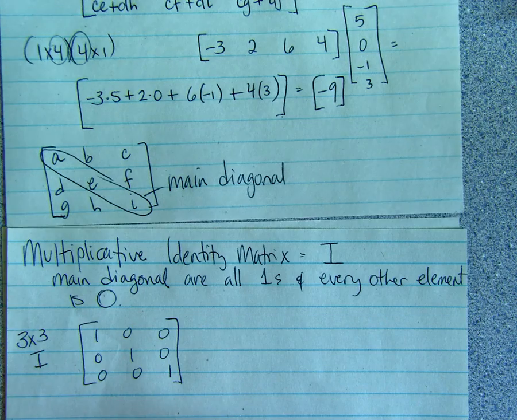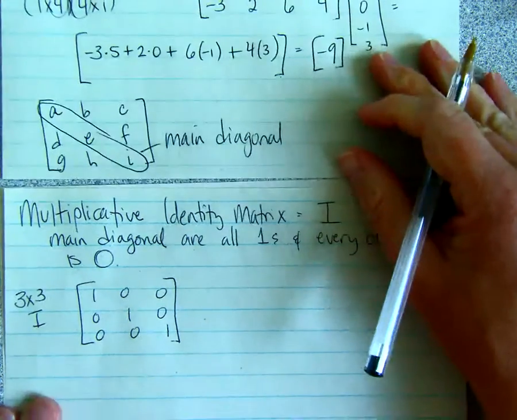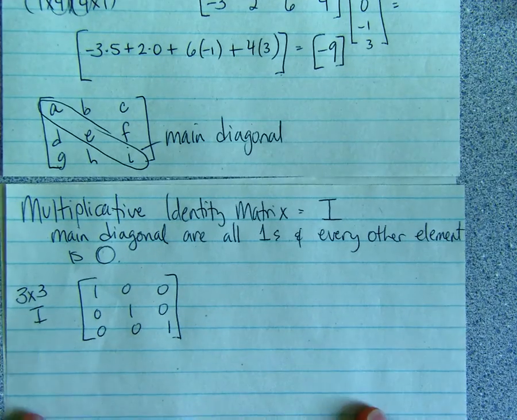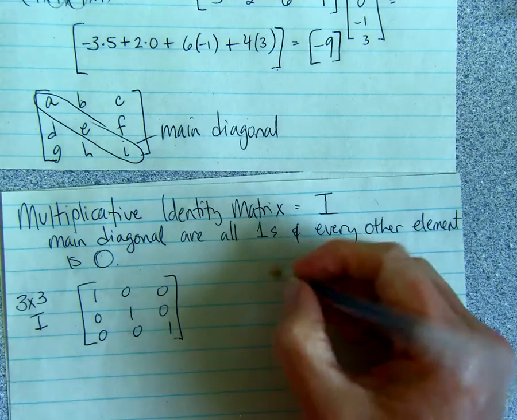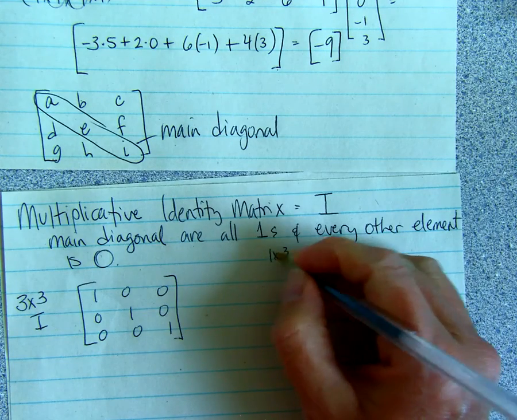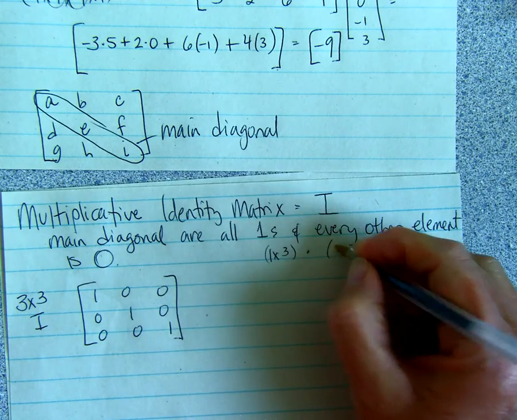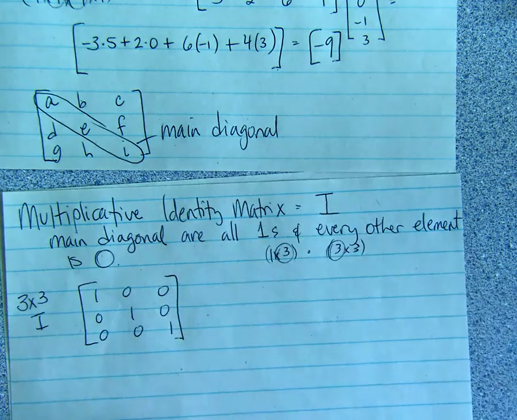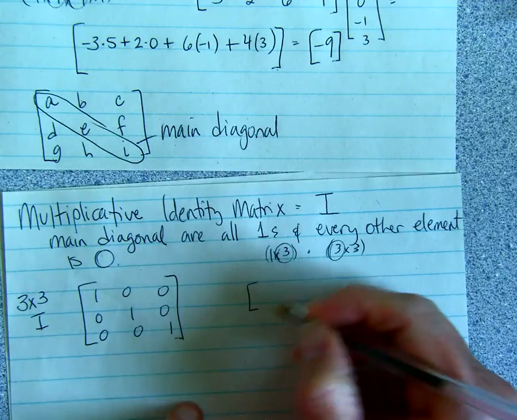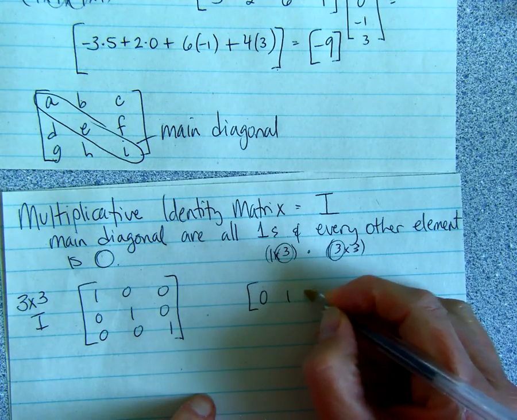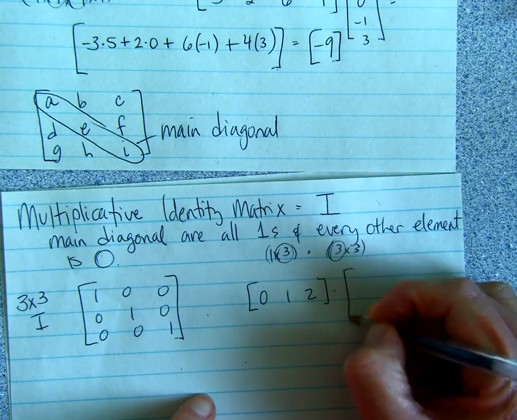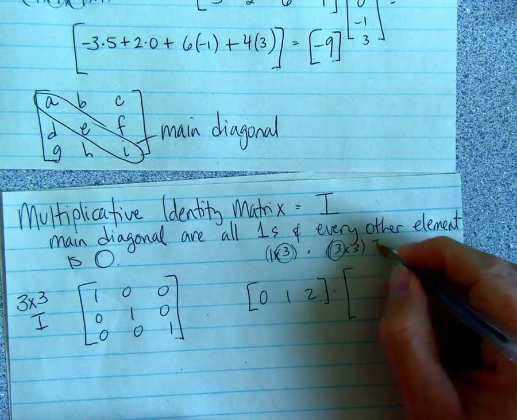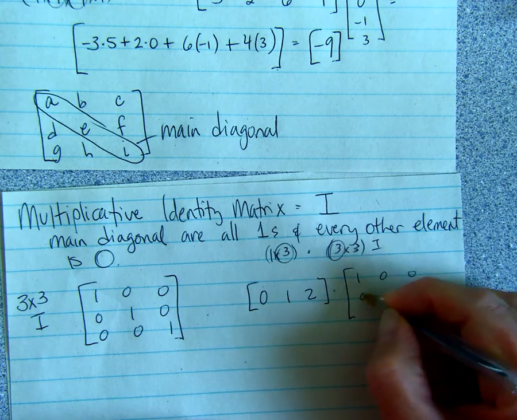So anytime you multiply by the identity matrix, you're going to get what you started with. So if we have a 1 by 3 times a 3 by 3, we can multiply those because the number of columns equals the number of rows in the second one. So here's our 1 by 3 times the 3 by 3 identity matrix.